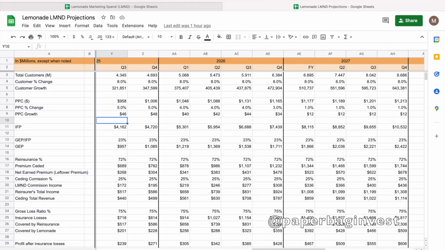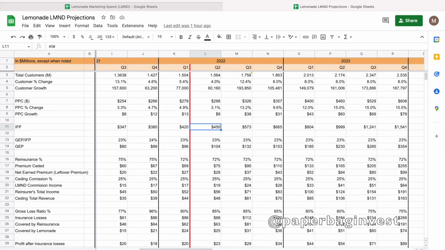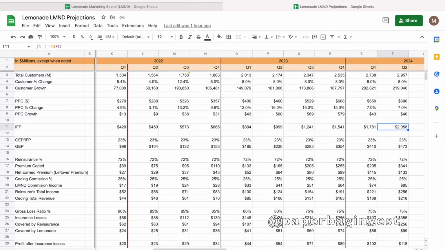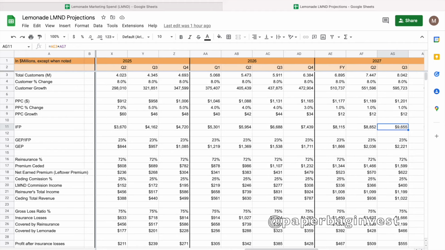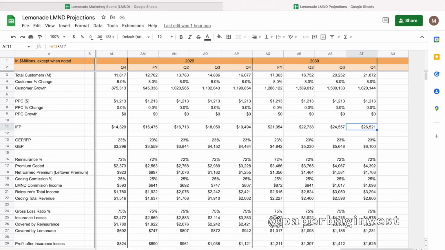And then, of course, your in-force premium: you look at those two values, going from $420 million now, to maybe $665 million at the end of this year, all the way to, by 2030, potentially 20-some billion dollars in in-force premium, somewhere in that range.